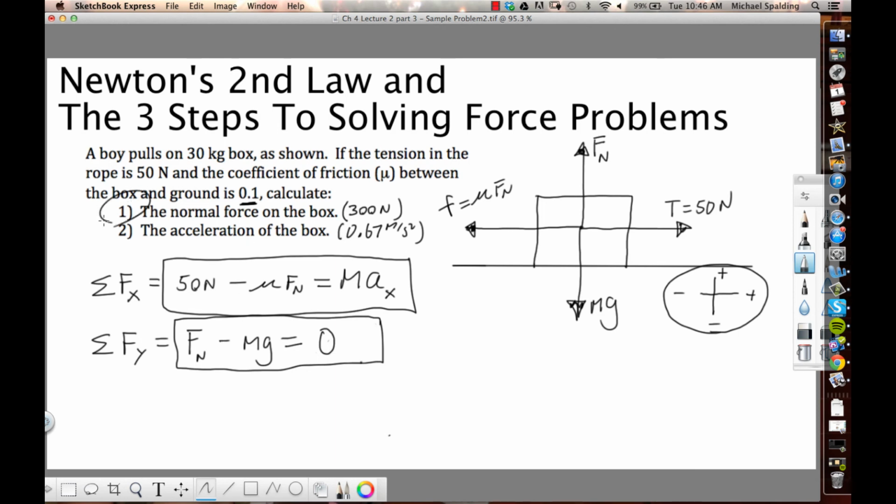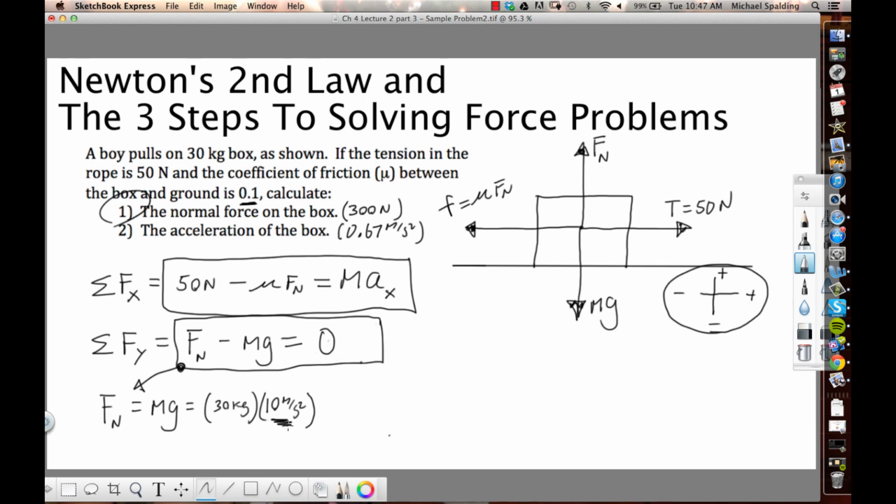So number 1, what's the normal force on the box? So take this y equation. Normal force is going to equal mg. So the mass is 30 kilograms. I'm going to use gravity as 10. You use 9.8 for the homework because that's what the book uses. And then I mentioned this yesterday, but I want to mention it again.